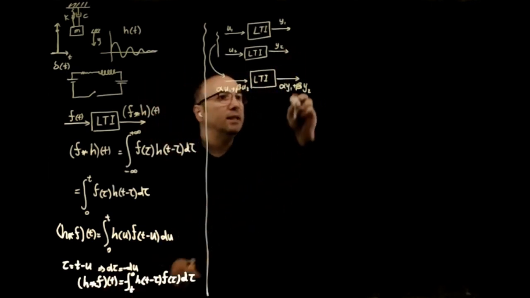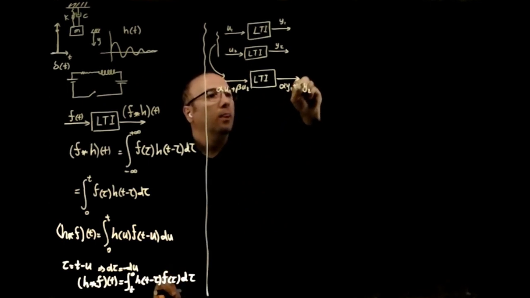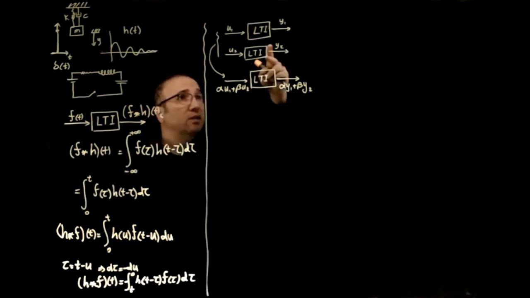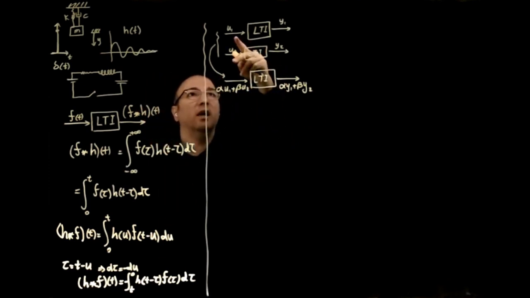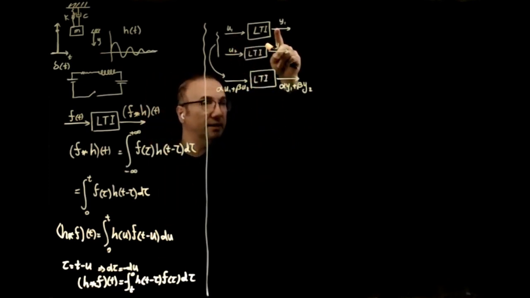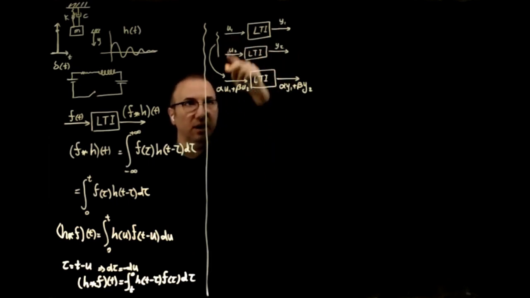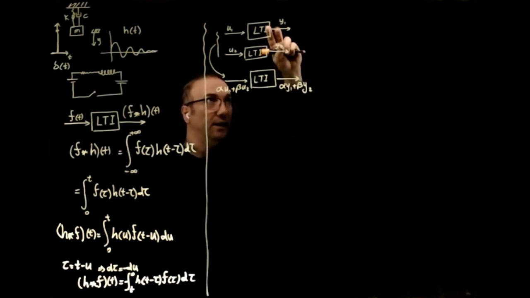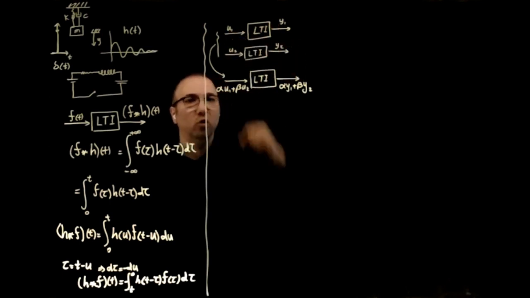This means that the system is linear. If I have two different inputs, I get these two outputs. If I combine them linearly, the output would be the linear combination of the outputs we had before for those inputs.